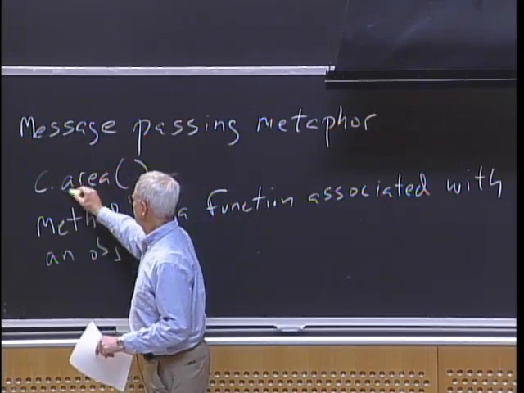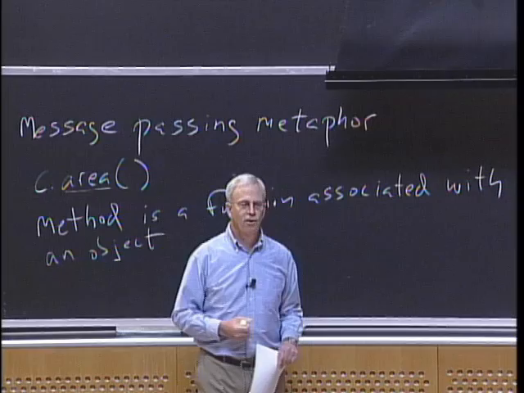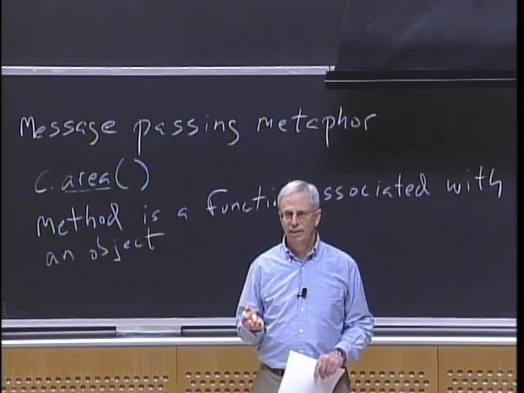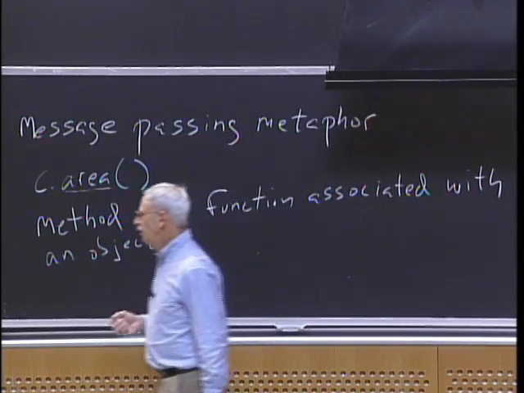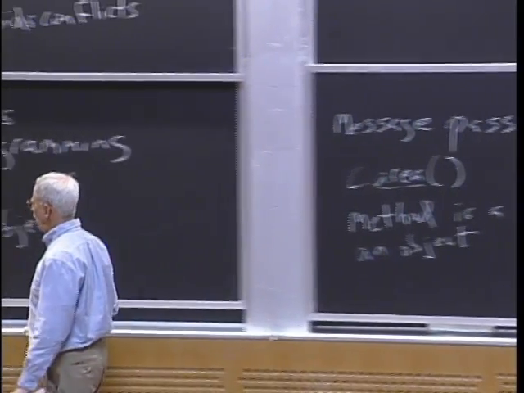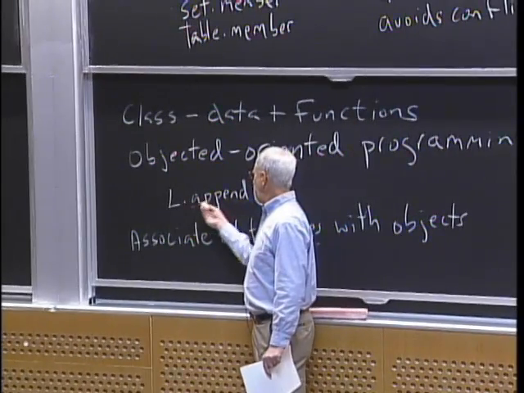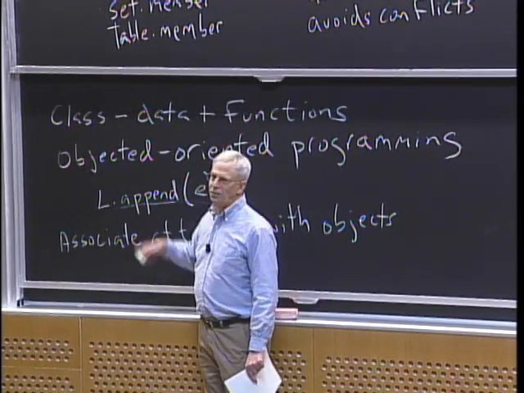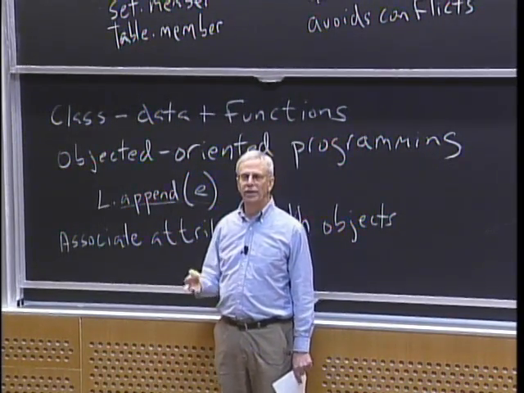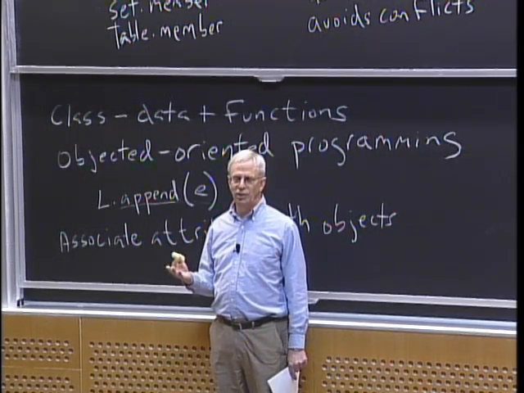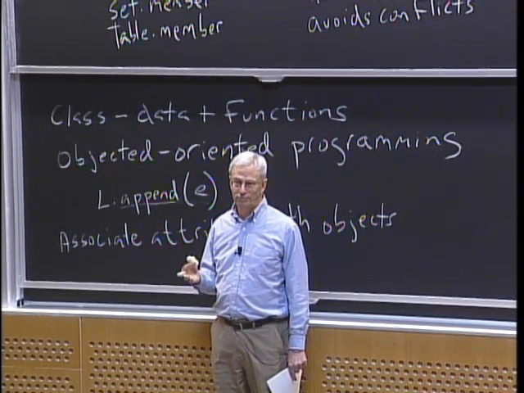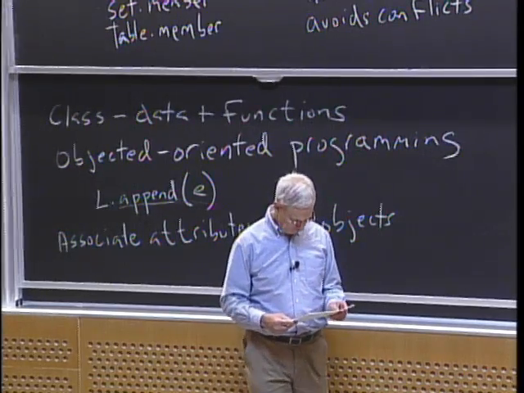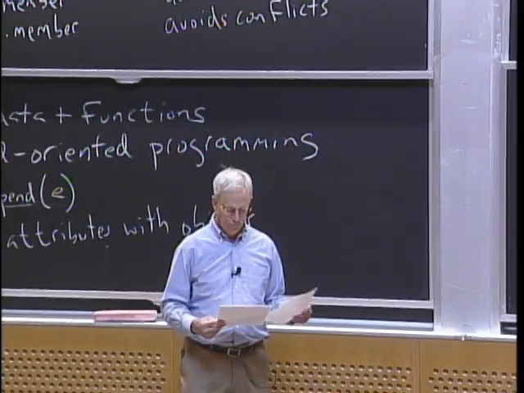So in this case, the method area is associated with the object c. And purists would say always refer to append as a method rather than a function, because we use the dot notation to get to it, and it's always associated with some object of type list. Okay?